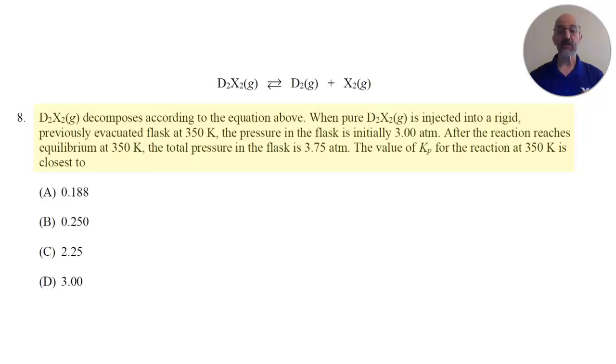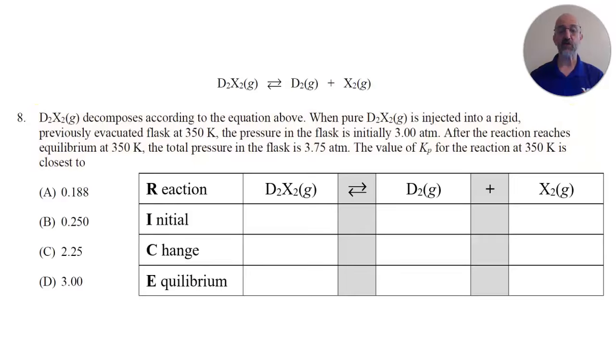After the reaction reaches equilibrium at 350 Kelvin, the total pressure in the flask is 3.75 atmospheres. And the value of the equilibrium constant, Kp, for the reaction at 350 Kelvin is closest to, and we see 4 numerical choices. So just like in question 7, we will use that same strategy to create a RICE table.